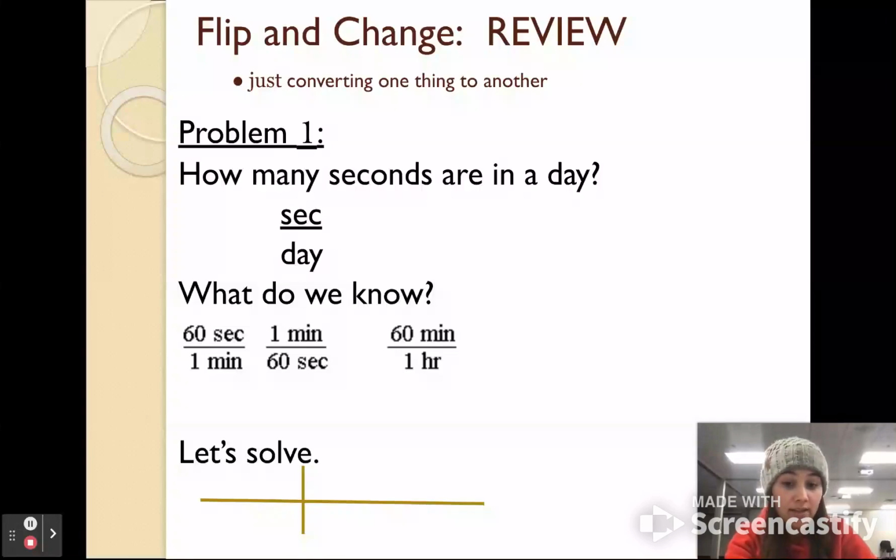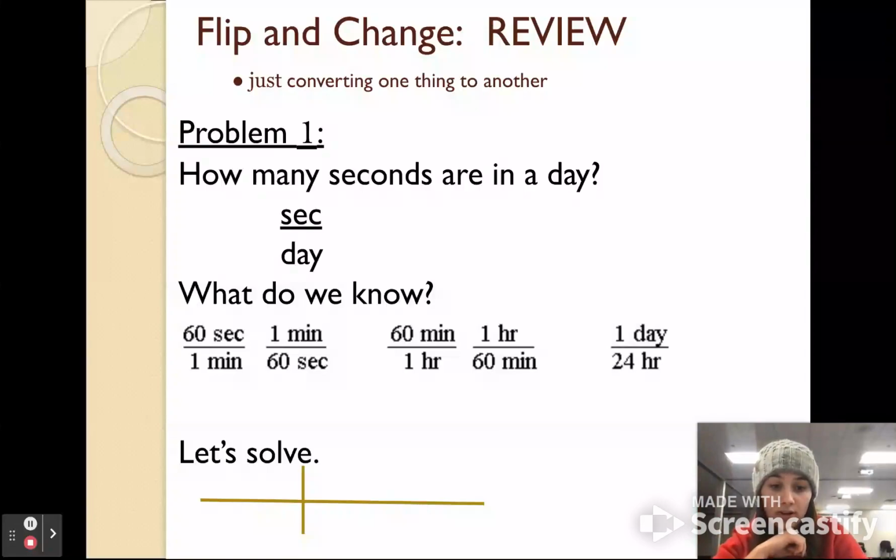We also know that there's 60 minutes in 1 hour, so another way to write that is 1 hour over 60 minutes. Using these conversion factors, we're going to find how many seconds are in 1 day. We also know that 1 day is 24 hours.